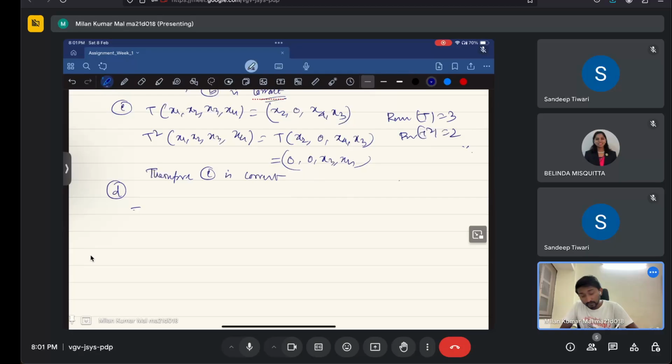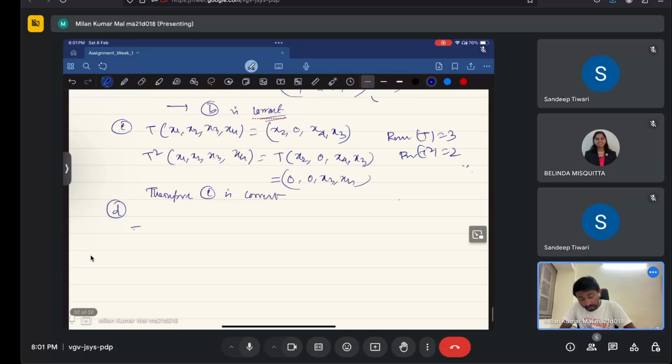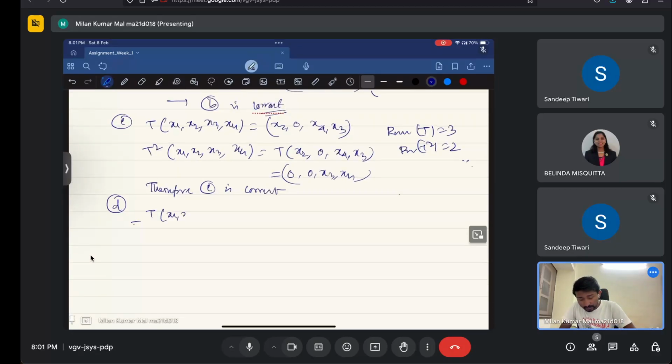So let's check D. What D says, T of x1, x2, x3, x4 will be 0, x2, x3, x4, just making the first term 0. So clearly it is very easy.